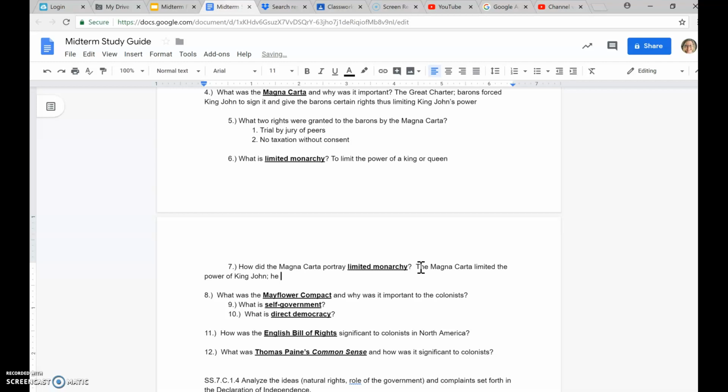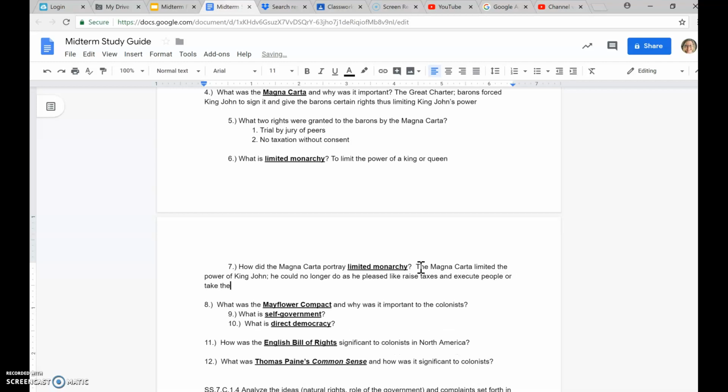Now I'm going to put, he could no longer do as he pleased, like raise taxes and execute people or take their lands. So that's how it limited his power.